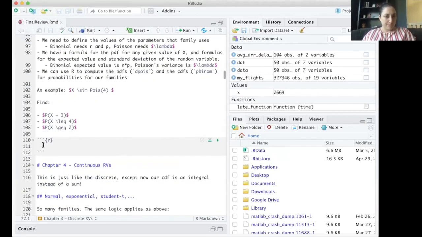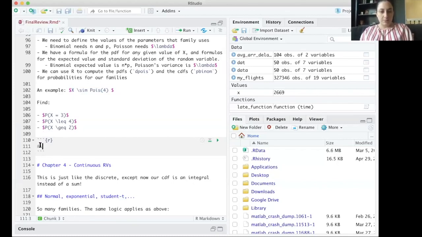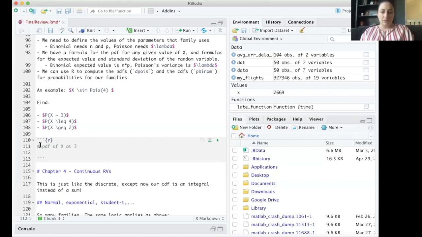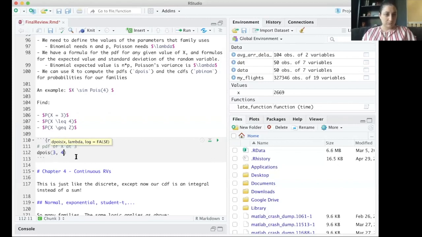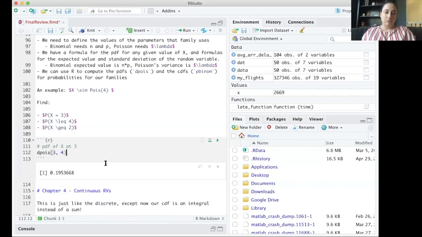So if X follows Poisson with lambda 4, and I wanted to know the probability that X equals 3, this is the PDF of X at 3, which is dpois(3, 4), right? X and lambda. That's my probability.